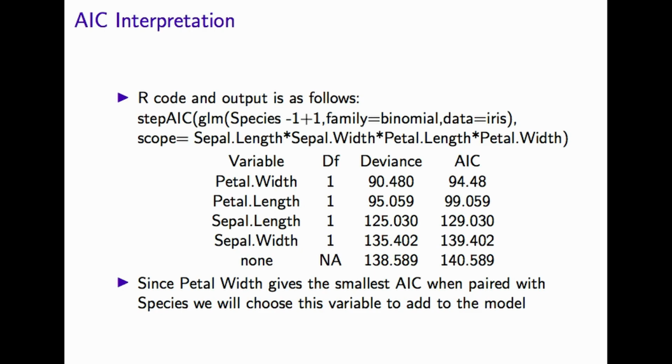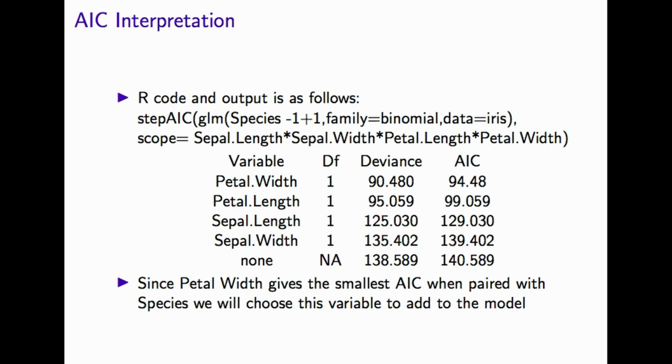So what we're seeing here is the species with each variable listed. So for example, species and petal width would yield an AIC of 94.48.